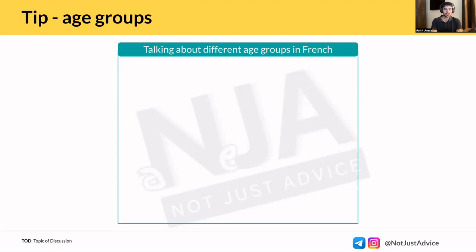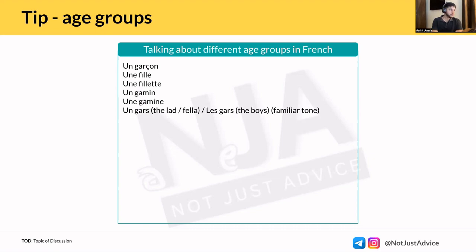If you want to talk about someone who's very young, I'll say un garçon is a little boy, une fille, a little girl, une fillette, a small girl, un gamin is again a boy, une gamine, a girl, un gars, les gars is kind of informal, but I'm just putting it here for your information. Un adolescent, teenagers, une adolescente, okay, un adulte, une adulte, trentenaire, 30 to 40.